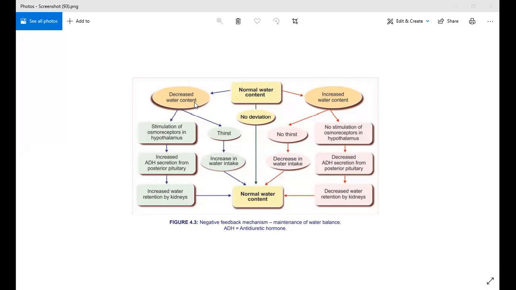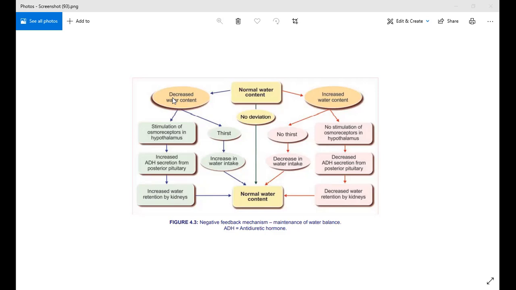Maybe you don't drink enough water, or you are sweating a lot, or you eat a lot of salt, or you urinate a lot. So there'll be a decrease in your water content. Or even if you have, for example, diarrhea, you could lose a lot of water from your body. So let's assume that there's a decrease in your water content.